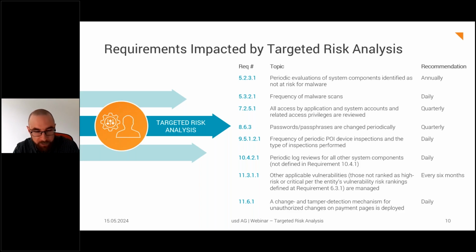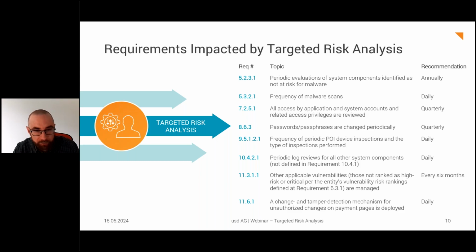So maybe you want to do this in an even more granular fashion and treat medium vulnerabilities earlier, and maybe give low and informational vulnerabilities more time or give them the 6 months. This really also depends on what kind of system you're looking at.